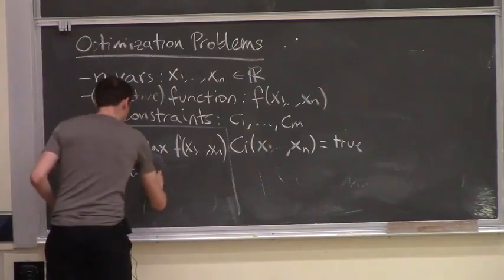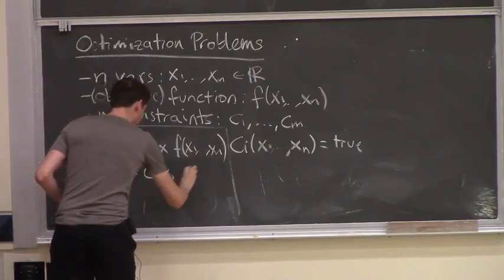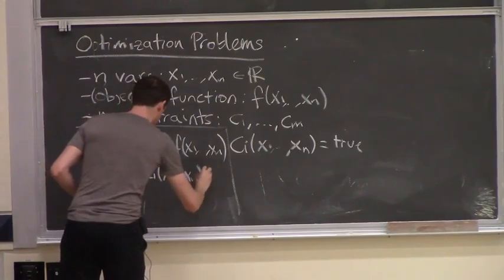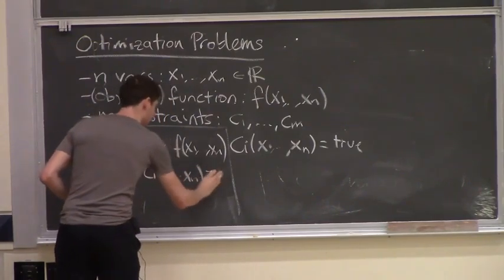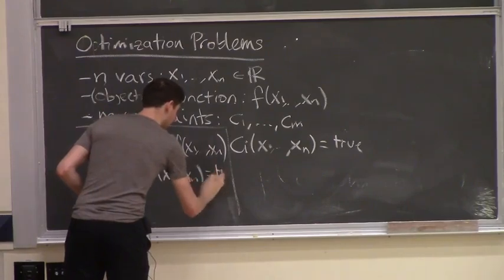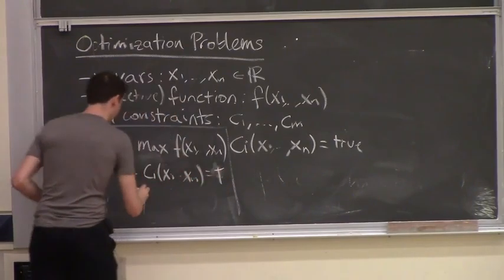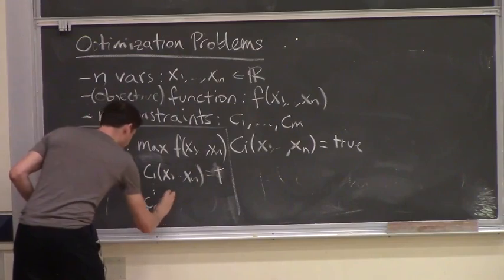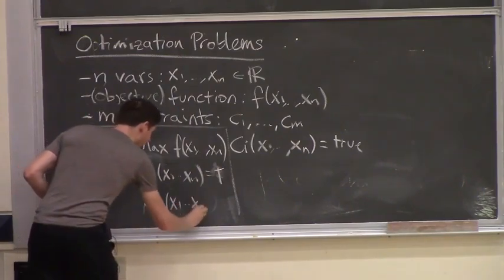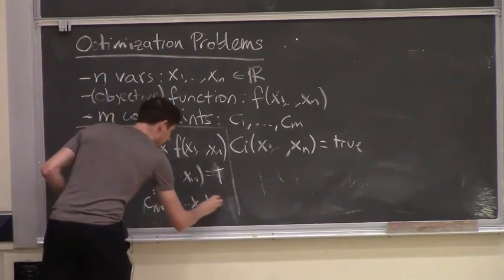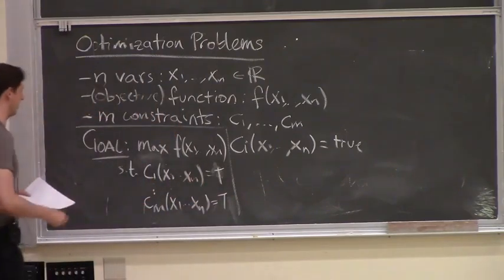So we want C1 through CP to all say true. Only consider settings of the variables that make all constraints hold simultaneously.